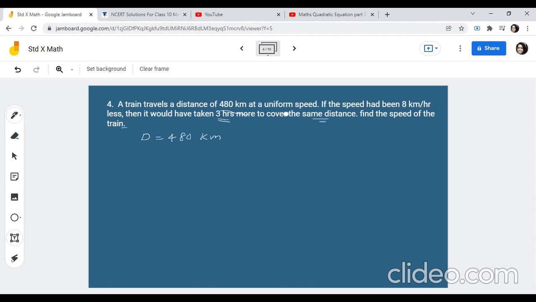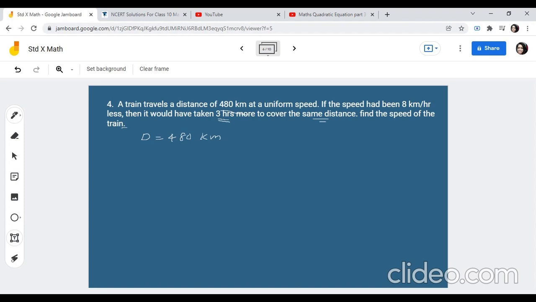So, in both cases, distance is same. Find the speed of the train. So, whatever be the speed, the total distance to be covered is 480, isn't it? So, we have the relation between speed, distance and time.